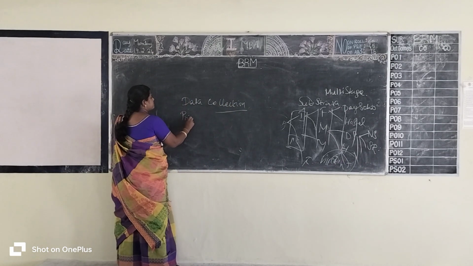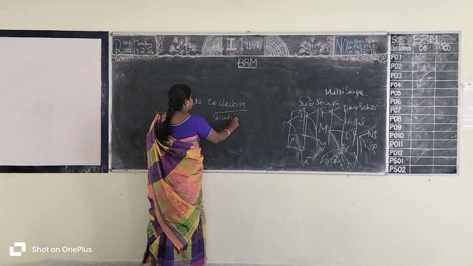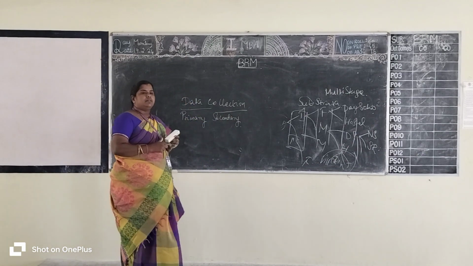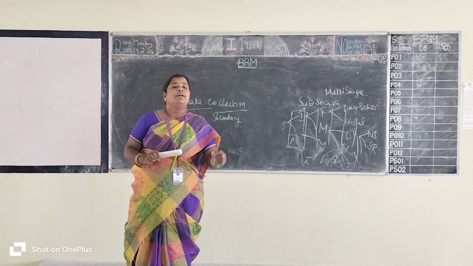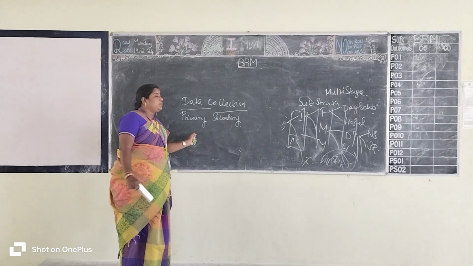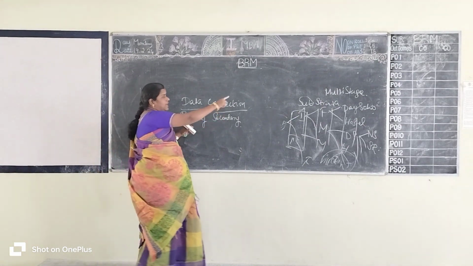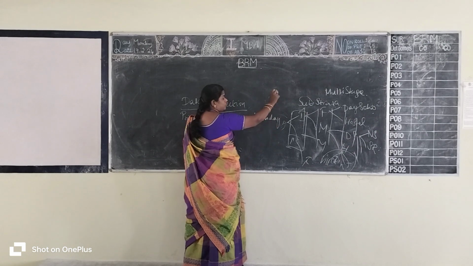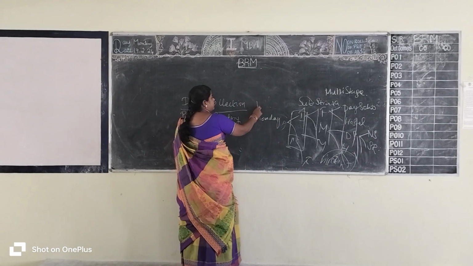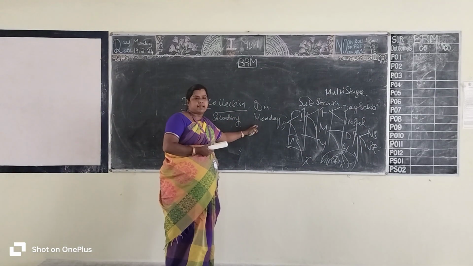So there are two major types: primary and secondary. Primary data, as a researcher, I am collecting. You all will be conducting a survey, an absenteeism survey of prisoners. Why? The absenteeism is more at the beginning of the week. Continuously for one month I can observe the statistics, and every Monday the absenteeism rate is very high.